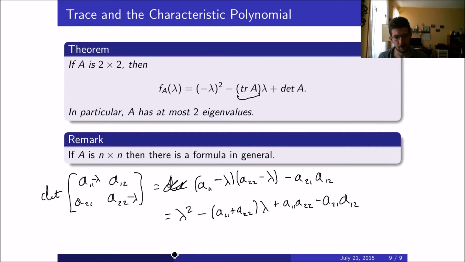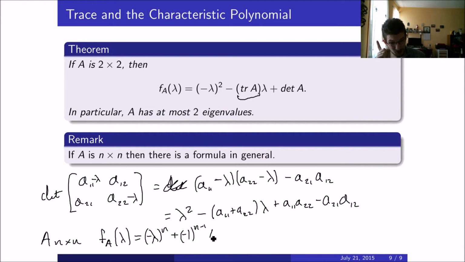But for an n by n matrix, the characteristic polynomial of A is always going to be of the form negative lambda to the n, plus negative 1 to the n minus 1 times the trace of A times lambda to the n minus 1.